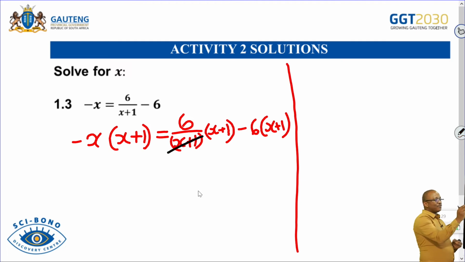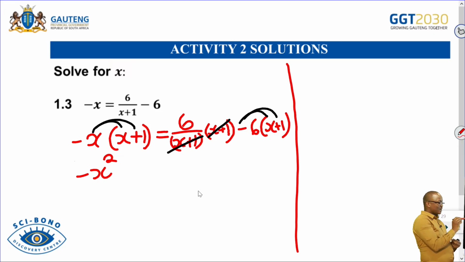Then now, those ones will cancel each other. With this x, you multiply it inside the bracket, and that negative 6, you multiply it inside the bracket as well. So negative x multiplied by x is going to give you negative x squared. Negative x multiplied by 1 is going to give you negative x. It's equal to 6, because now that's what you are left with, correct?